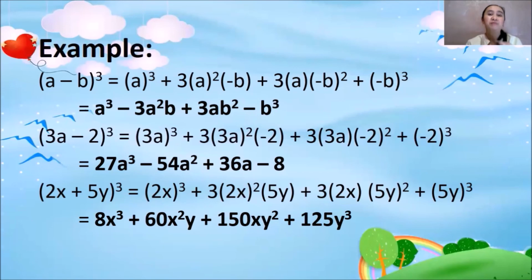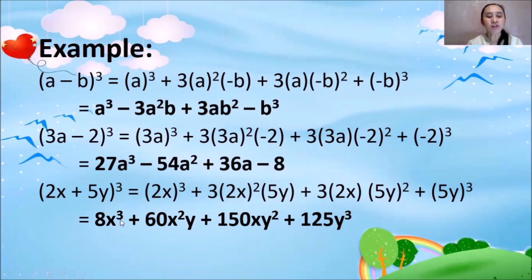And 25 times 5 is 125. Then y times y is equal to y cubed. Therefore, the quantity 2x plus 5y raised to the exponent of 3 is equal to 8x cubed plus 60x squared y plus 150xy squared plus 125y cubed.